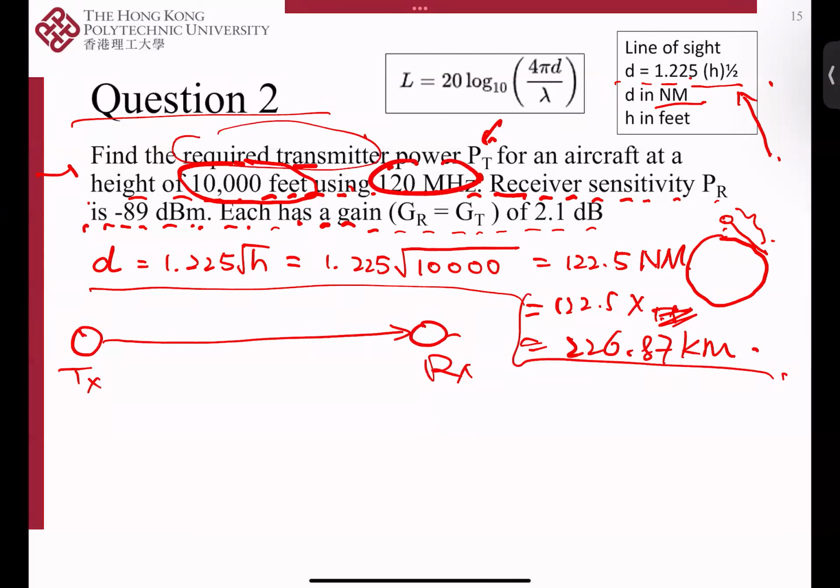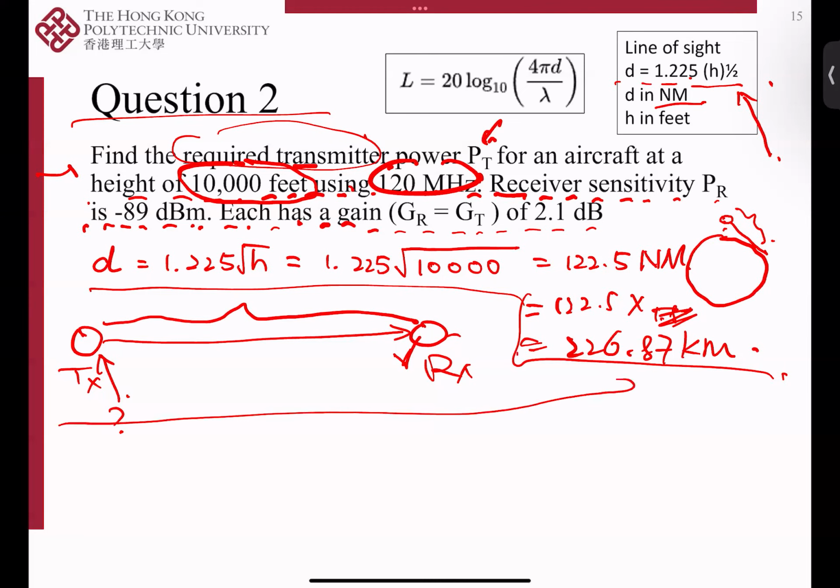So we need to know how much power we need in here, and we have our power in here, and we also need to know how much power will be lost during this propagation. So that's the idea.